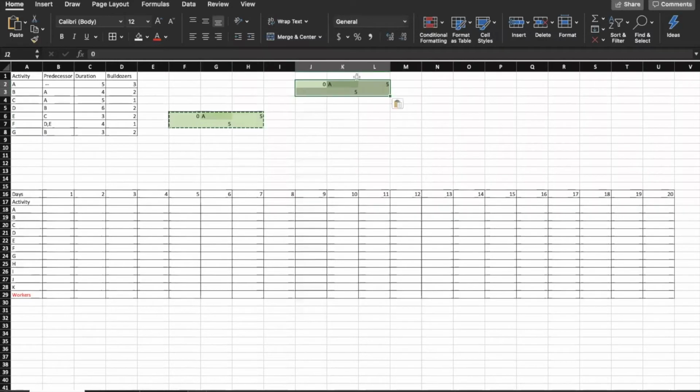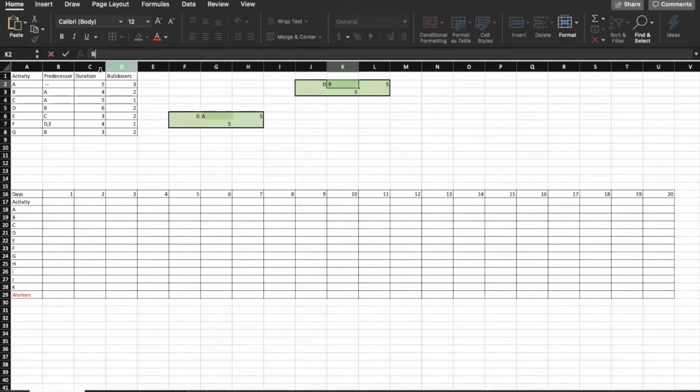So our next cell would be B, and it will start right after A is finished because A is its predecessor, so it can start on the 5th, and it takes 5 days. I'm sorry, it takes 4 days, so it will be done on the 9th. I'll fill in the other cells later.